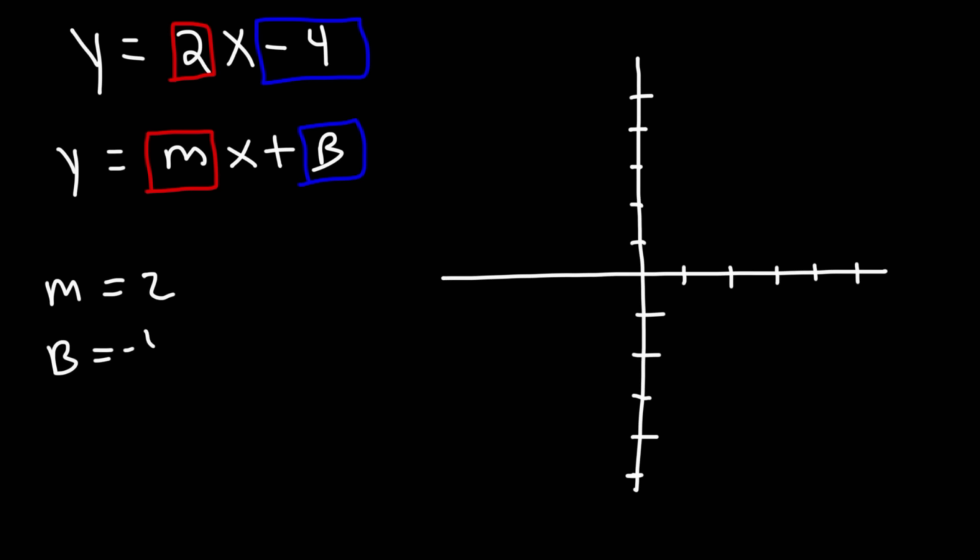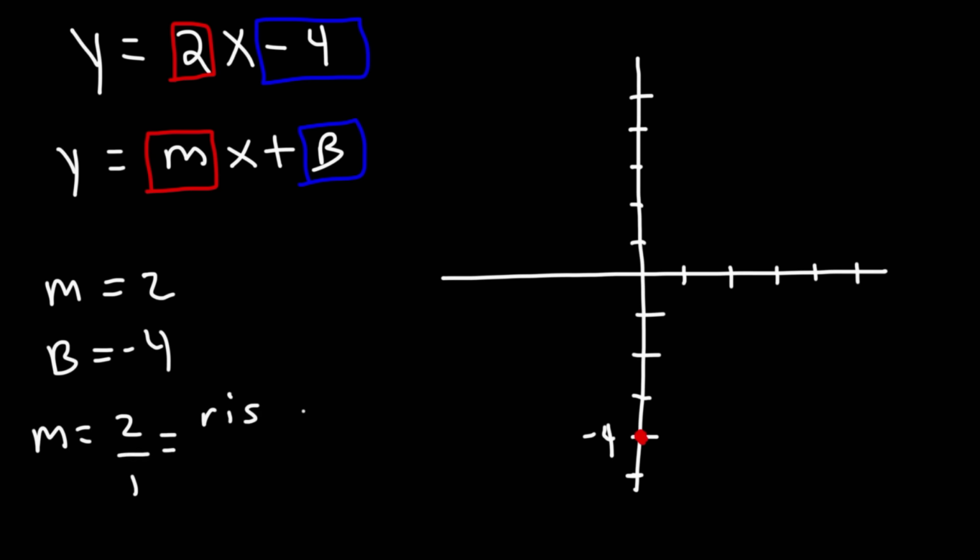With this information, we have everything we need to graph this function. So here's -4. Let's plot the y-intercept. From the y-intercept, we can get the second point by using the slope. The slope is 2, which means it's 2 over 1.